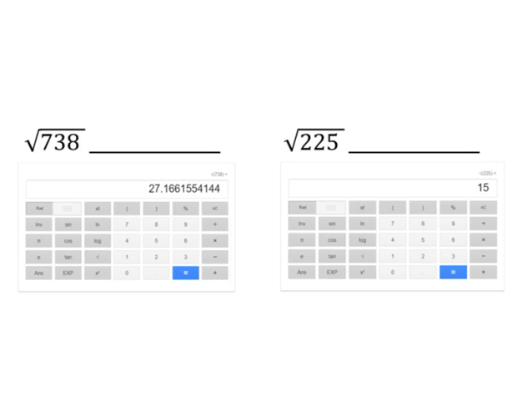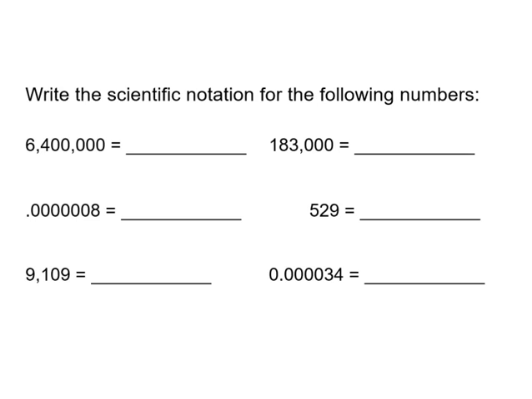This concludes this section in calculating the square root. Let's move to our next section concerning scientific notation. For these problems, you have to write down the scientific notation for the following numbers.